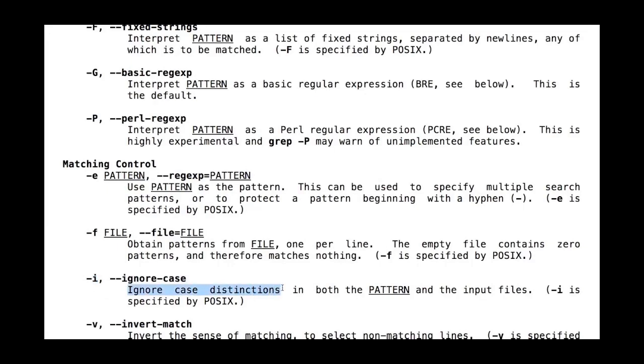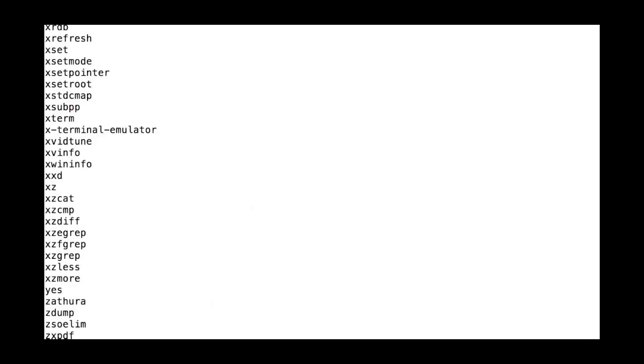If instead of a list of lines that match the pattern, we want a list of lines that do not match the pattern, we can use the -v flag with grep to invert the match. We now get a list of file names in bin and user bin that do not contain the word zip.